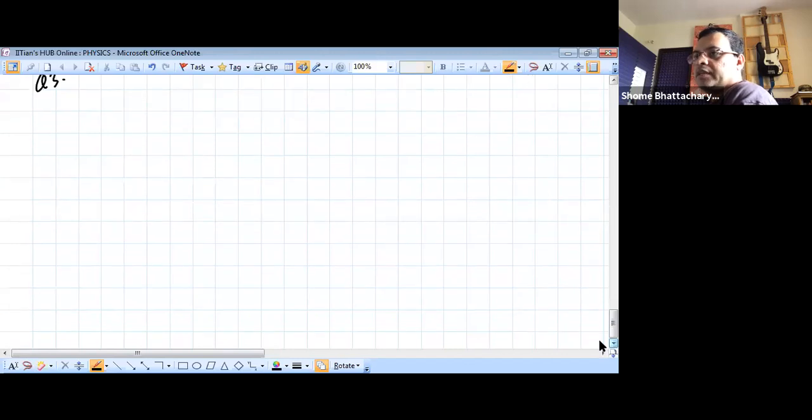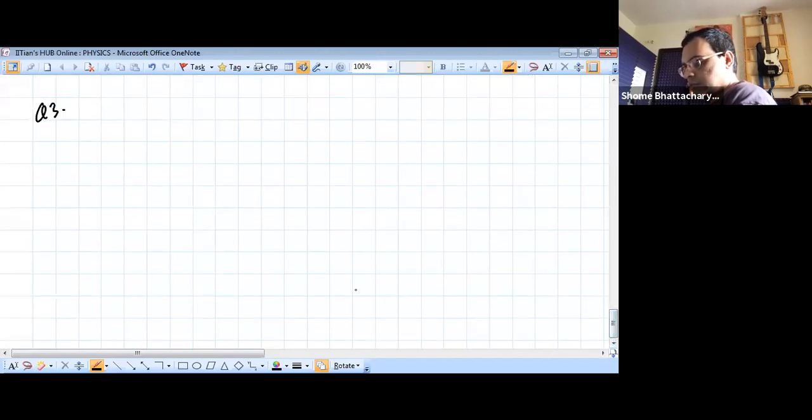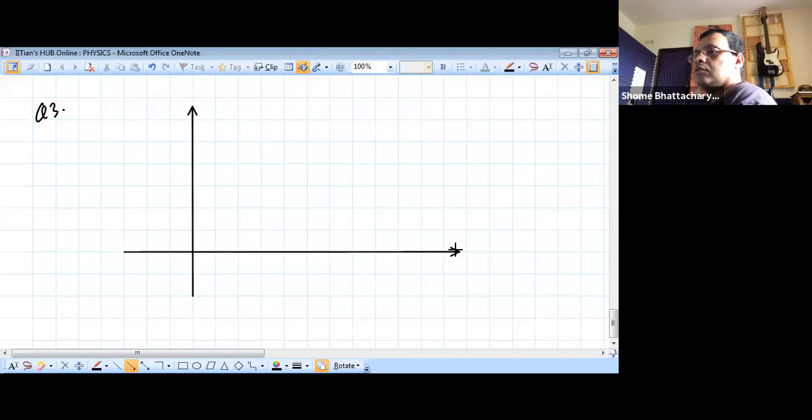Okay. Next, let's come to question number 3. In question 3 you have to find the component form of this given vector. So the vector is drawn arbitrarily like this. Its magnitude is 10 and this angle is 30 degrees.